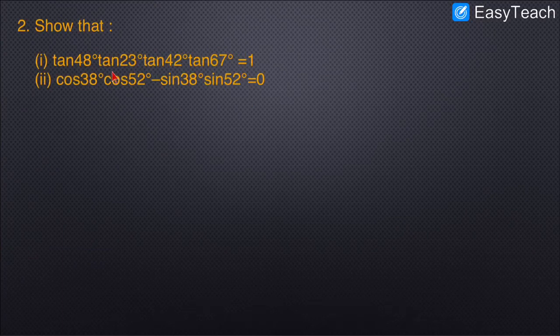Then tan 23, I write tan 90 minus 67. So look at here, it gives the same numbers, 42 and 67. For the next two, I don't want to change anything here. I simply write them as they are, tan 42 and tan 67.